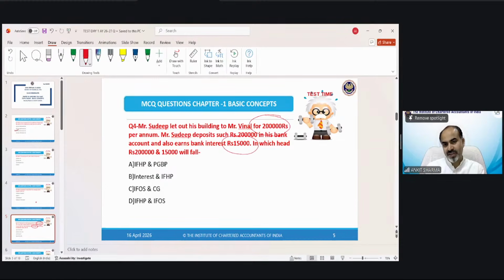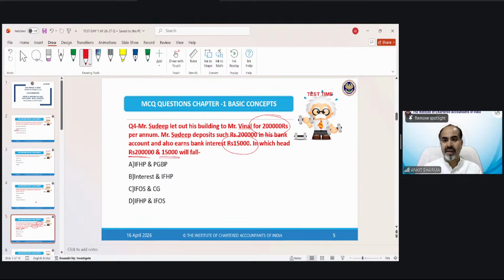Now the question is, in which head of income will these 2 lakh rupees and 15,000 fall? You have 4 options, A, B, C and D, and you have to tell in which head of income these are going to be taxed.